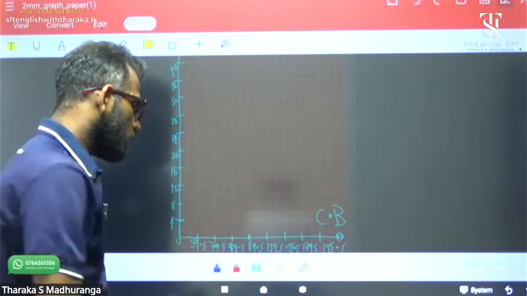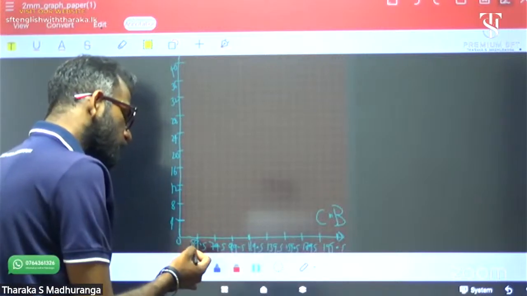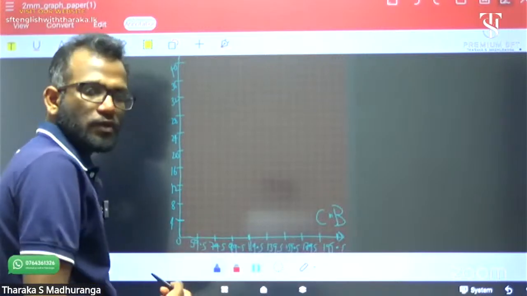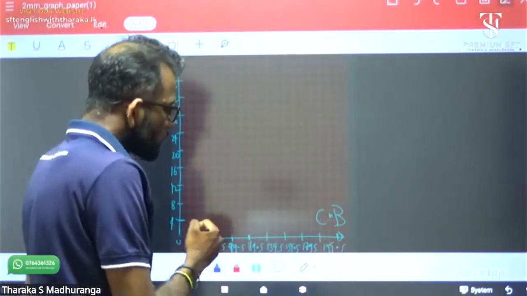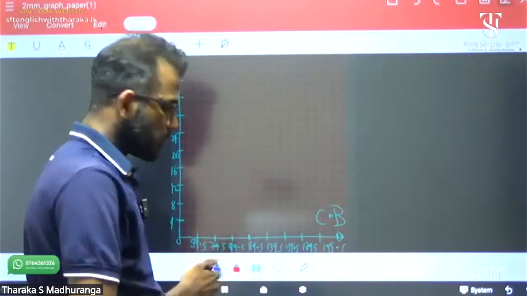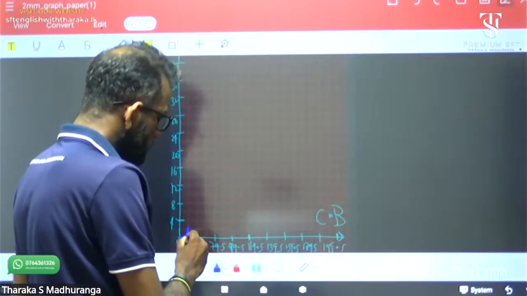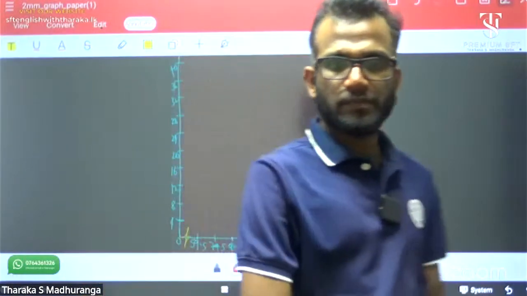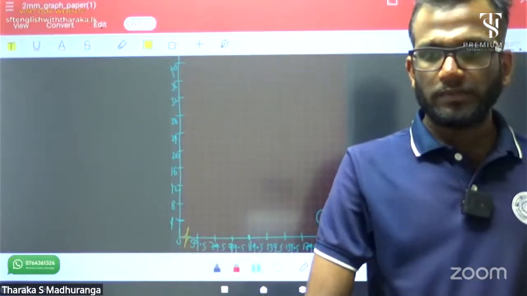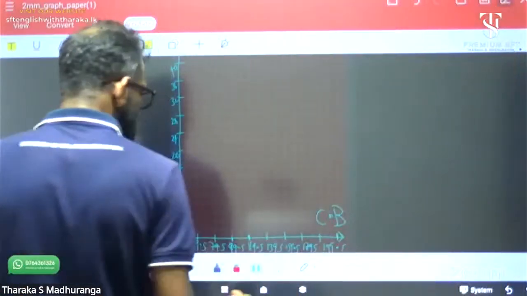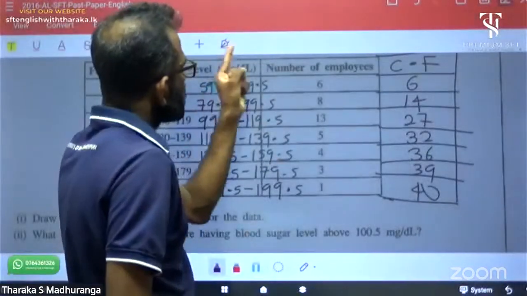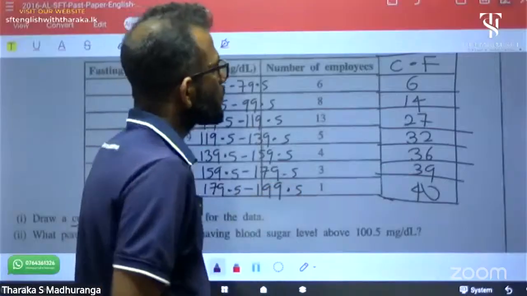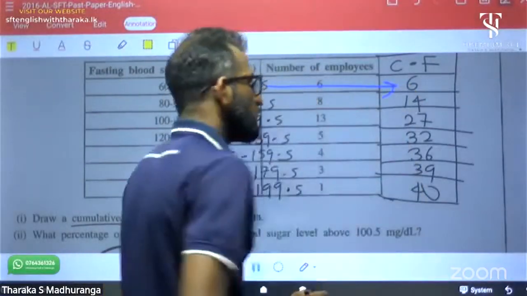Now you can see on the x-axis, 0, then 59.5, the gap is 59.5. From 59.5 to 79.5 is only 20. Then you have to add this mark. Now, first class 59.5 to 79.5, the cumulative frequency is 6.